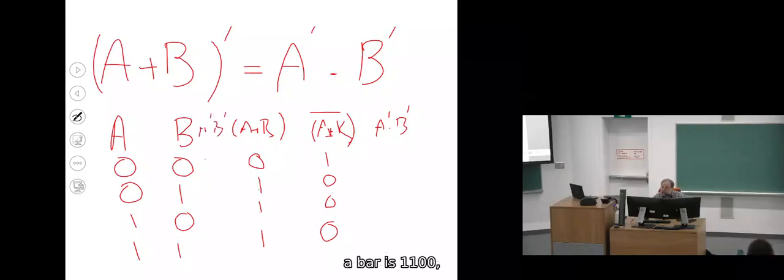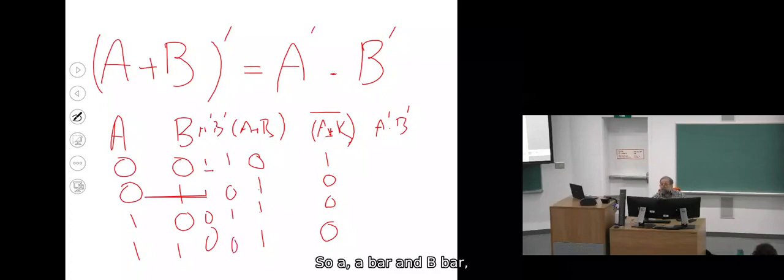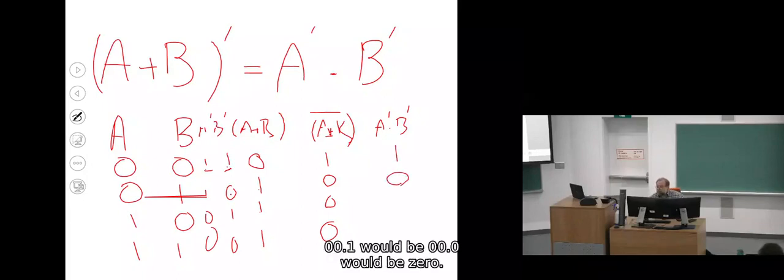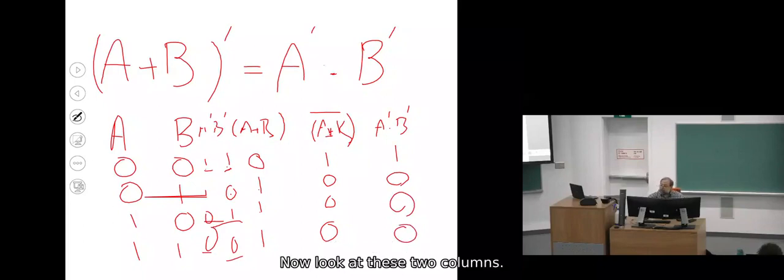A bar is 1, 1, 0, 0, and B bar is 1, 0, 1, 0. So A bar and B bar: 1 and 1 is 1, 1 and 0 would be 0, 0 and 1 would be 0, 0 and 0 would be 0. Now look at these two columns.